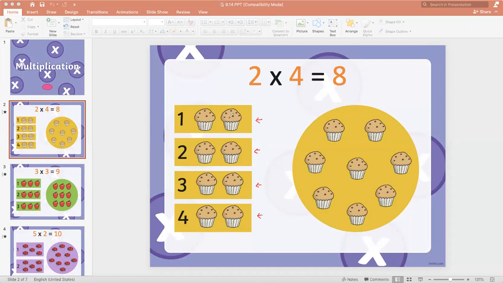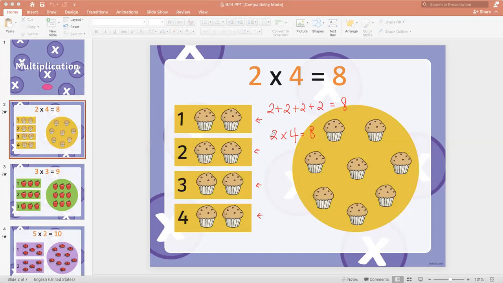And in each set of cupcakes, there are 2 of them. So we can easily calculate 2 plus 2 plus 2 plus 2, so the answer is 8. But we can also do it the other way: 2 times 4 equals 8, because there are 1, 2, 3, 4 groups of 2. Very good, 4 groups of 2.